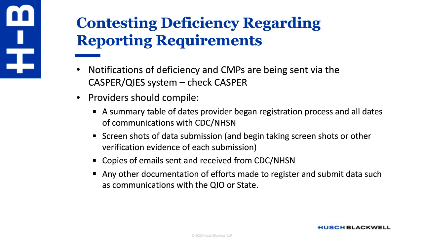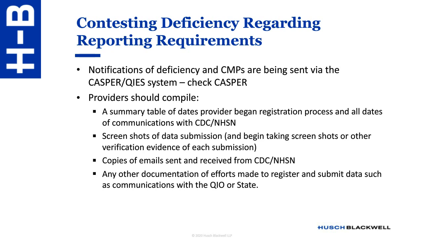The official recommendation when that occurs is to pursue IIDR, and we have a list of things that you should compile for that. Of course, legal counsel would be happy to assist with an IIDR if you feel like you need that. It may also be appropriate to do an informal phone call to the CDC technical support and explain the issue.